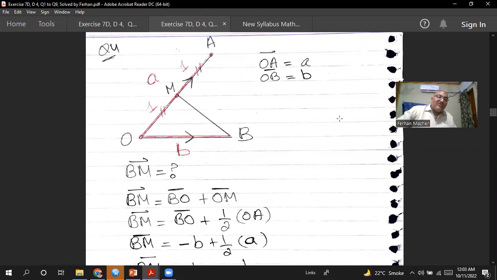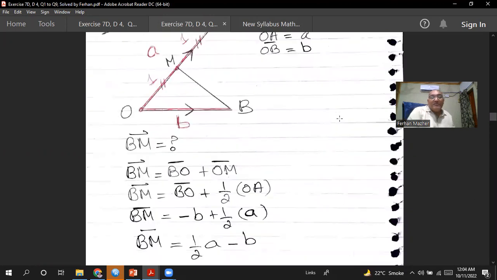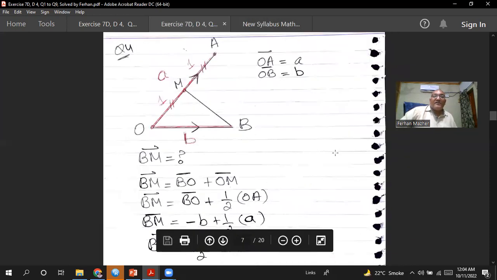So we put their values there. BO is minus b and OA is small a. So BM will be equal to minus b plus 1 by 2 a, and BM will be equal to 1 by 2 a minus b. So that is how you will do this question. Hopefully you understand. Let me reduce the size so you can see the whole question together. So this is question number 4 on this screen.